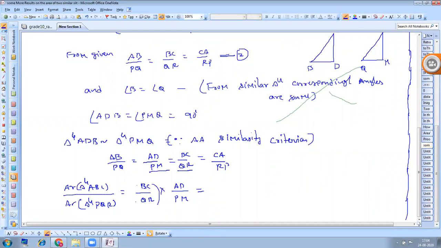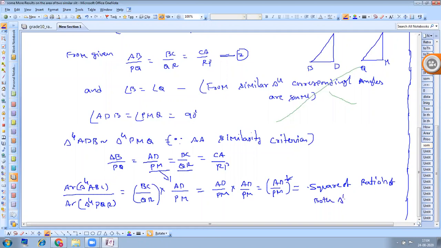So this ratio can be replaced with AD by PM into AD by PM, that is AD by PM whole square, which equals the square of the ratios of both the triangle heights. This is how we can prove this statement.